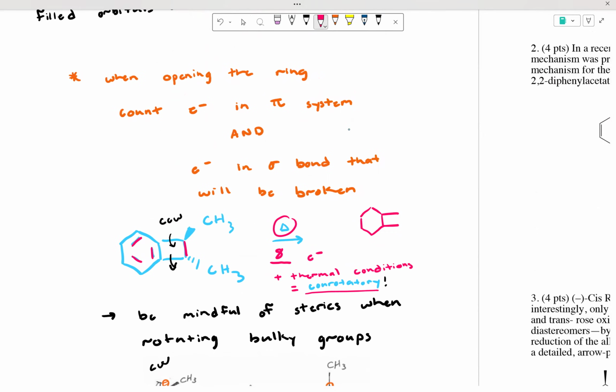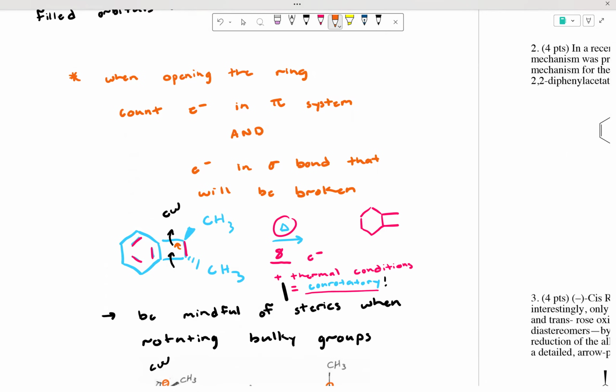In this case, I'm going to change it to clockwise. And when these bonds break, the electrons have to go somewhere in order to accommodate that. So this sigma bond is broken, so the electrons are going to be donated here.